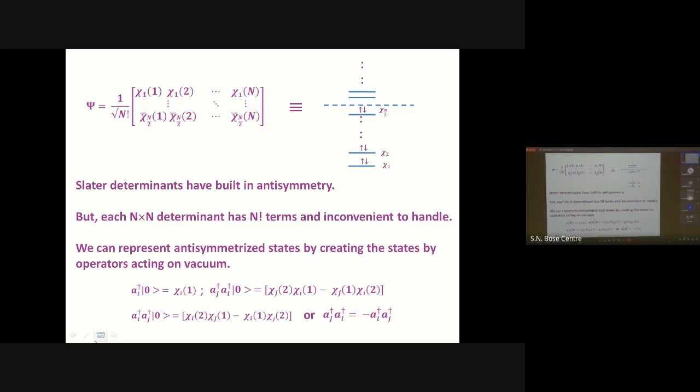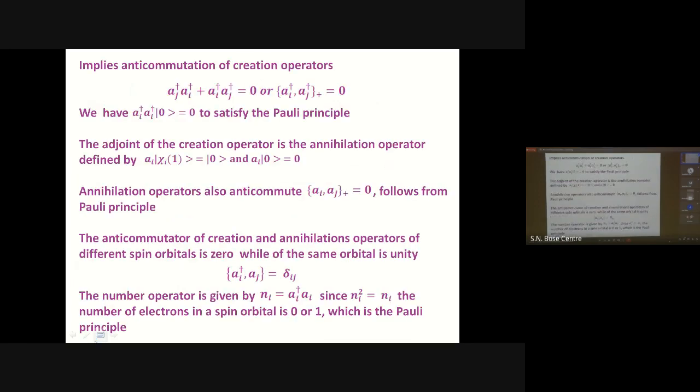Okay, so I'm only going to give you an introduction to fermionic creation and annihilation operators because that's what we are going to be dealing with. So you have a-I dagger a-J dagger plus a-J dagger a-I dagger equal to 0. And similarly, you can show that because of the Pauli exclusion principle, you cannot put two electrons in the same orbital.